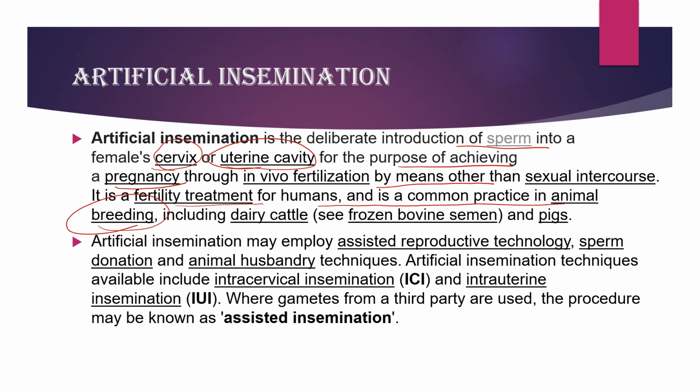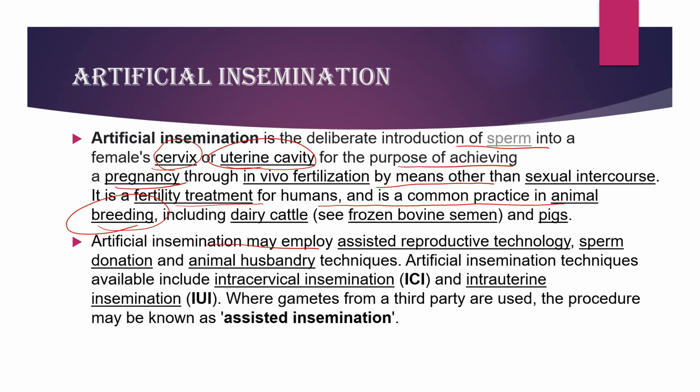In this case, the sperm is inserted into the cervix of the female, because generally if the sperm quality or the production of sperm is not good, then even without sexual intercourse, with this process we can achieve pregnancy.